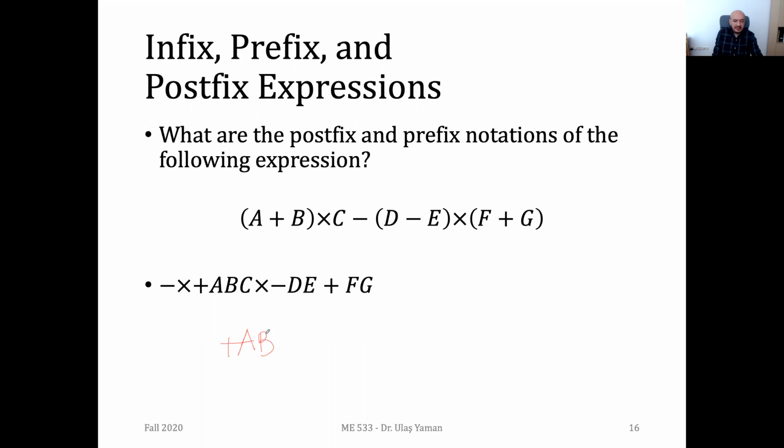And the result of this summation will be multiplied with another operand. And since the operators are coming in front of the expressions, I need to have this multiplication here, okay? So this is represented with these 5 characters.